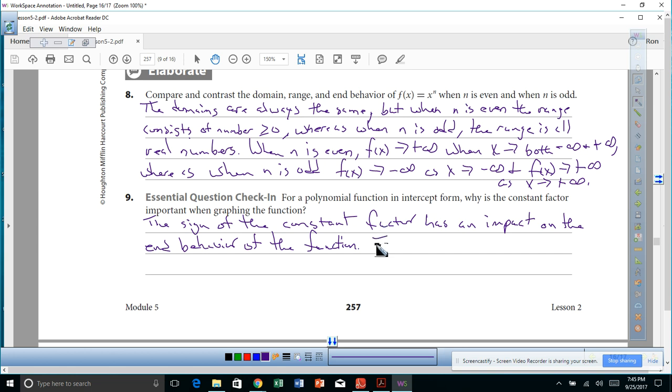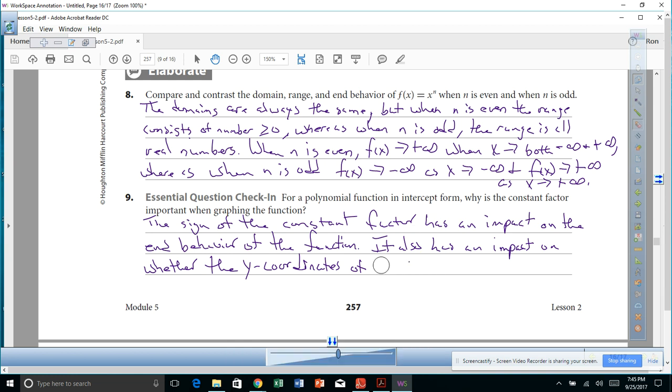It also has an impact on whether the y coordinates of turning points represent maximum or minimum values.